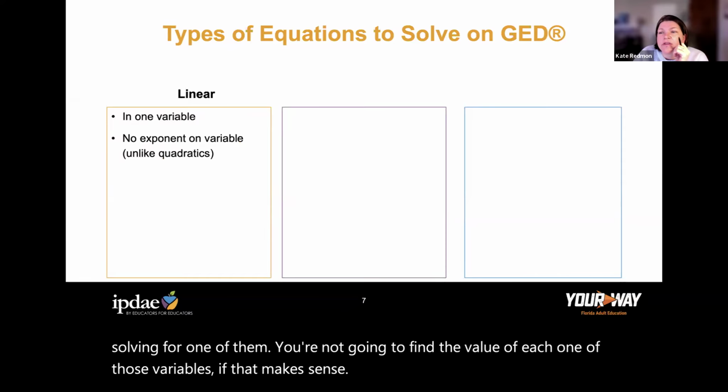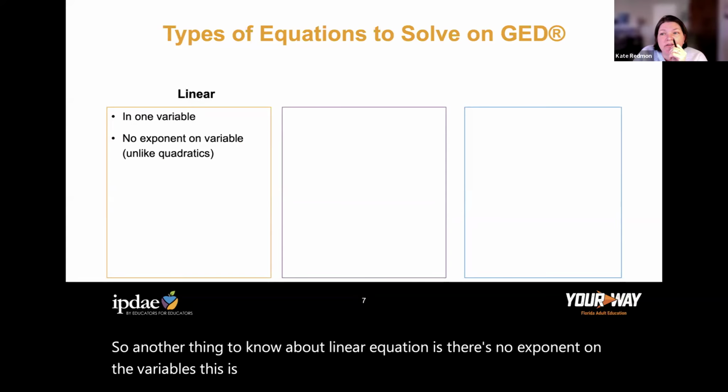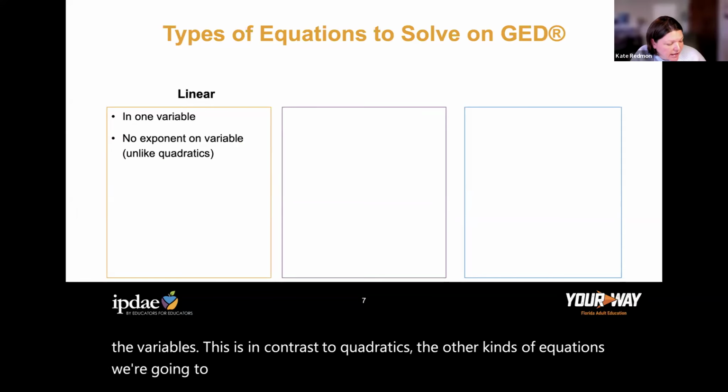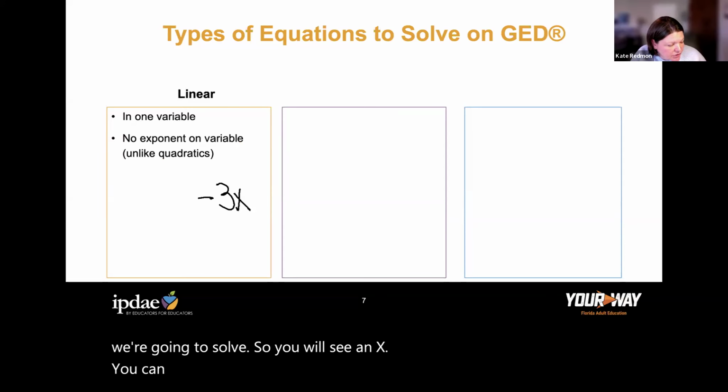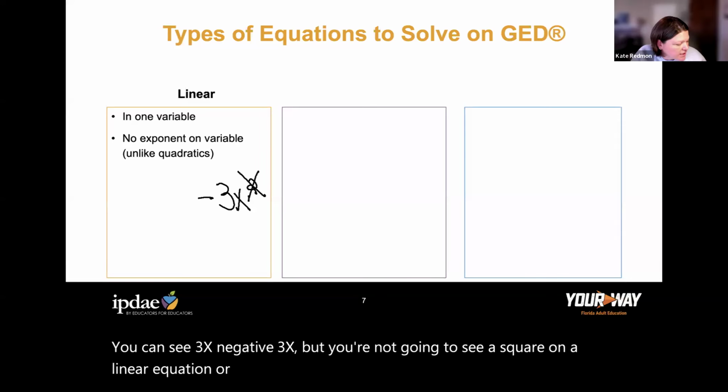So, another thing to know about linear equations is there's no exponent on the variables. This is in contrast to quadratics, the other kinds of equations we're going to solve. So you will see an x, you can see 3x, negative 3x, but you're not going to see a square on a linear equation or a third power or a fourth or anything else.